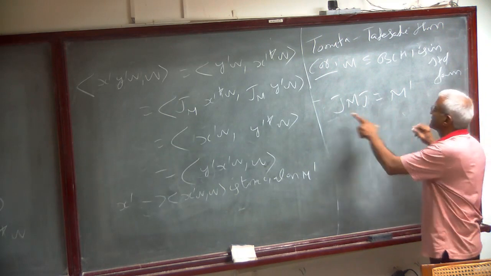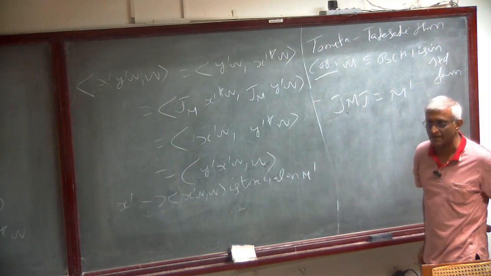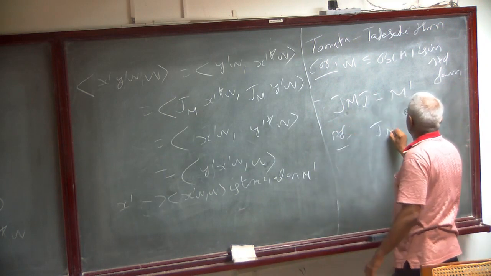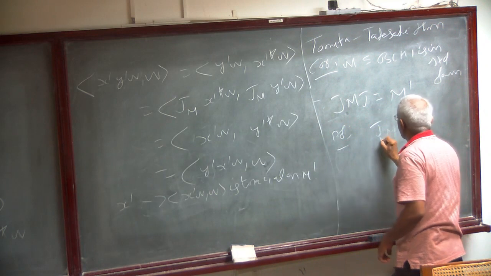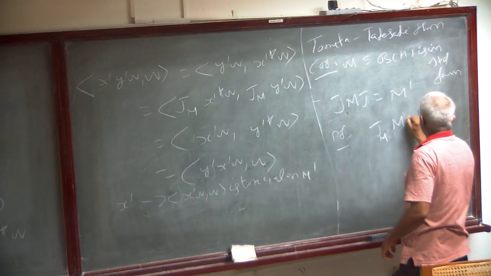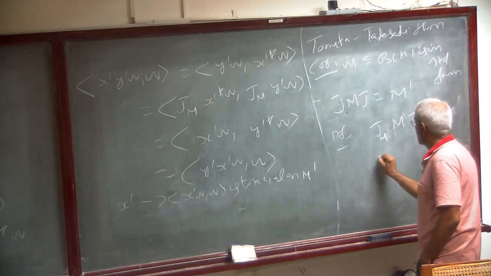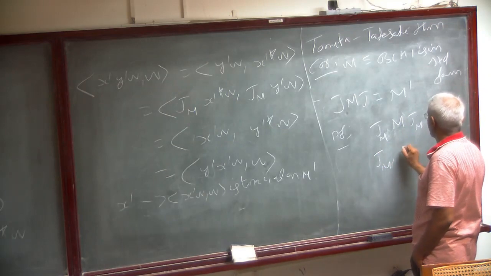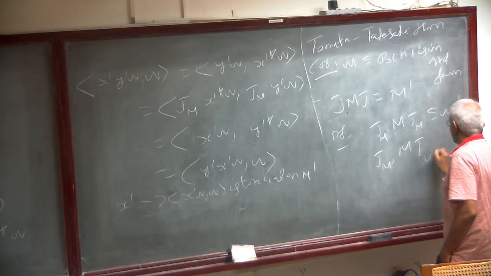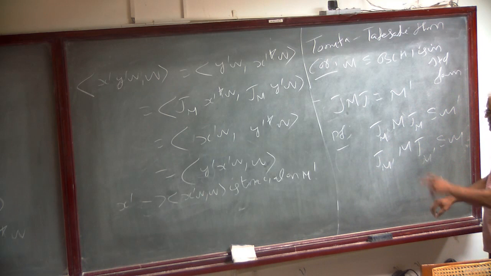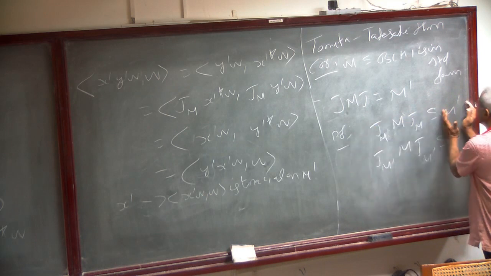I mean, because J is the same as J_M and J_M prime. So the proof is just, we have that J M J is contained in M prime. We know that. And also J M prime J is contained in M. So you can apply the J here and you get it here.